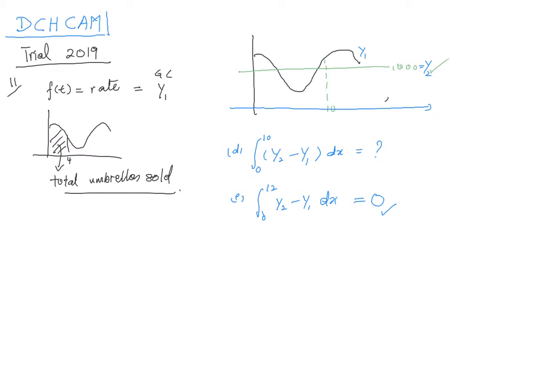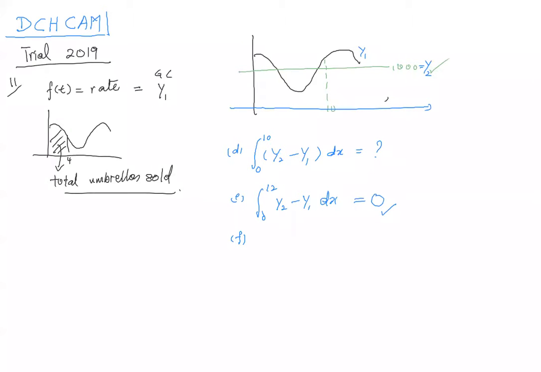Okay, during 2019, for what value of T were the number of umbrellas stored in the warehouse increasing? Okay. So now what you need to do is part F. How the number of umbrellas stored in the store increasing?